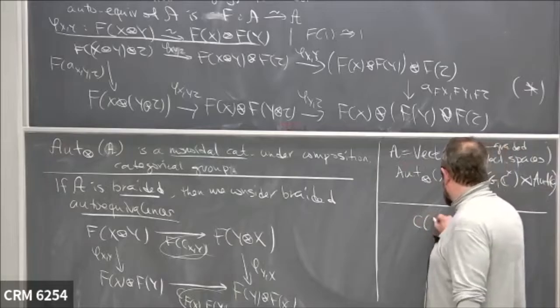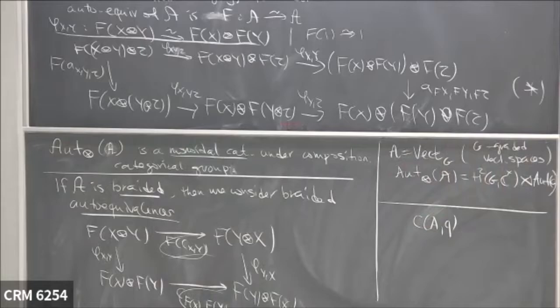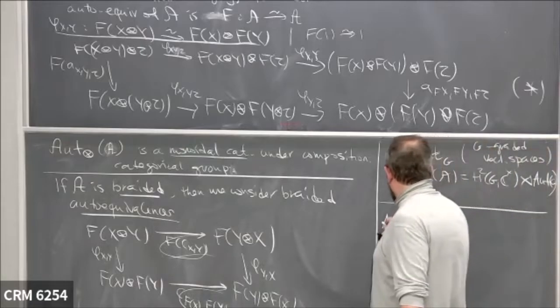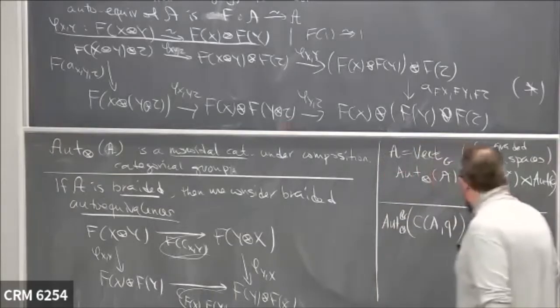Let's take C(A,q). Remember, it shows up every lecture. It's a typical example of a pointed braided fusion category. So its group of braided autoequivalences is the orthogonal group.